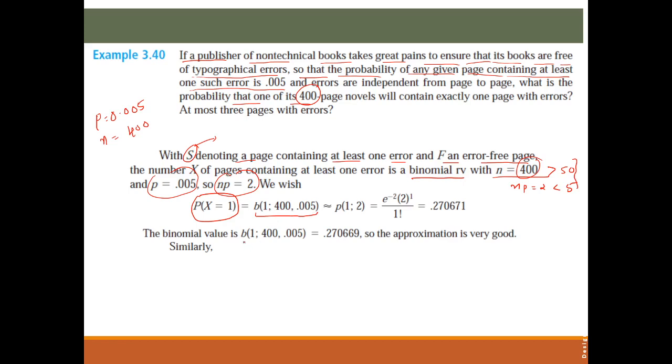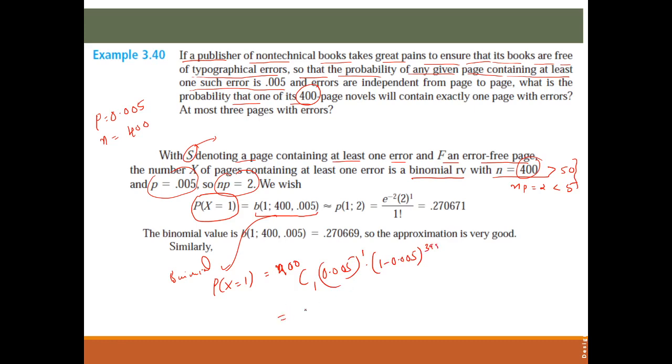So that value, if you calculate, is P(X = 1) in the binomial: n is 400, C 1, p is 0.005 raised to 1, into 1 minus 0.005 raised to 399.